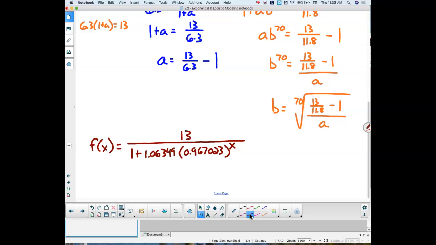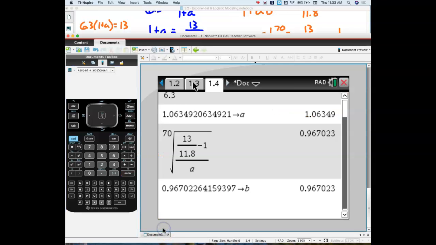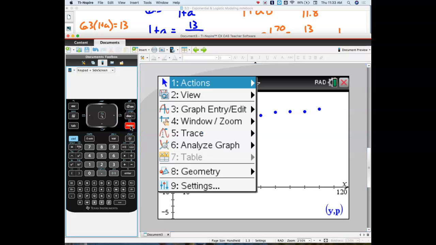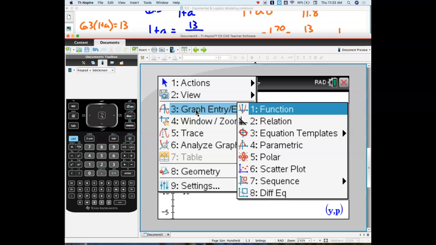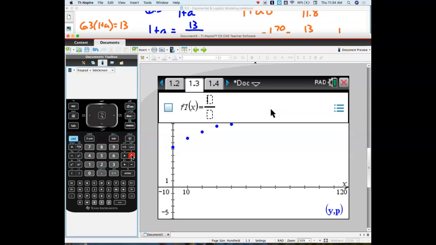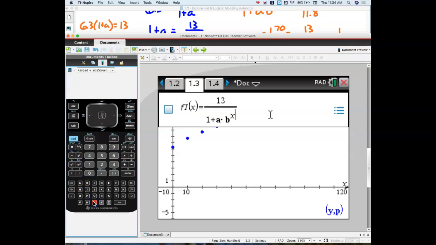Okay. On a graph, I can go back to my graph now, and I can test that by going back into graph entry and getting off of the scatter plot and onto the function. And on that function, I can type in 13 over 1 plus A times B to the x power.